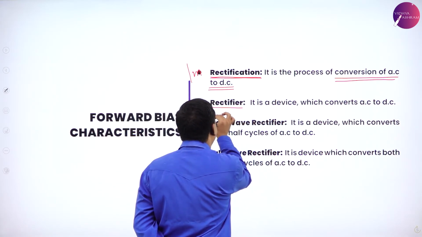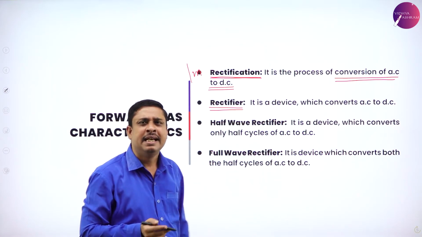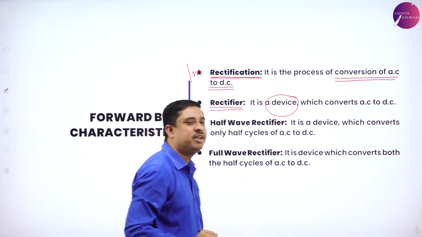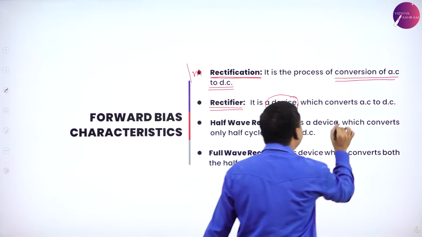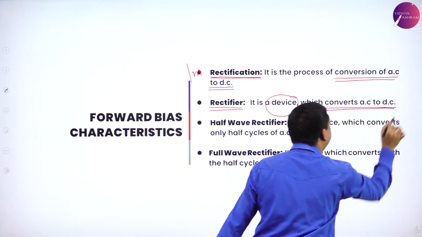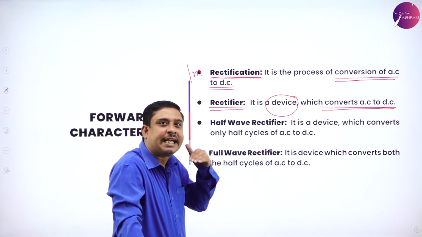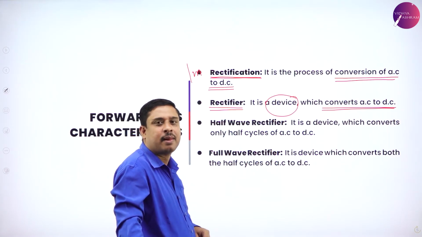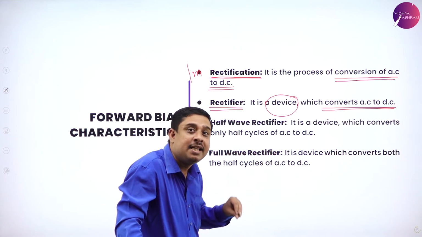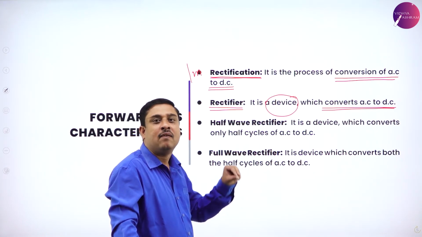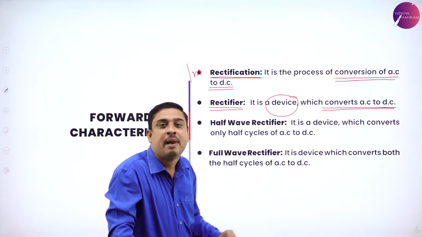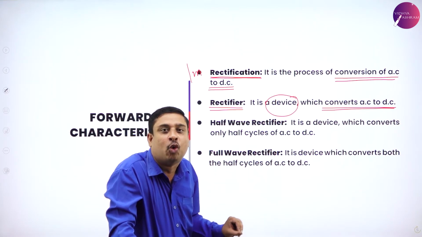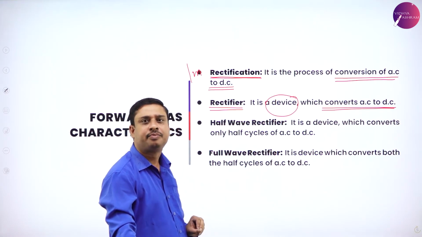Then what is a rectifier? It has to be a device like a junction diode which will convert AC to DC. Look, rectification is a process. What are we doing in this process? We are converting an AC signal into a DC signal.